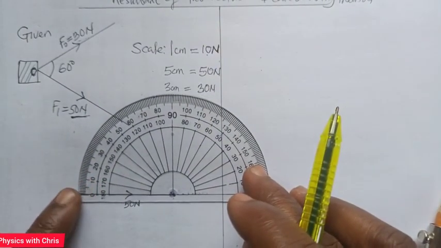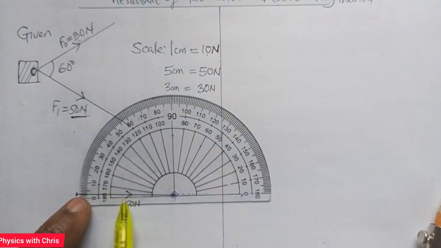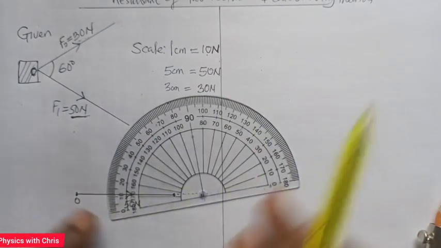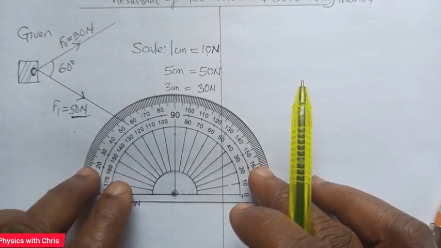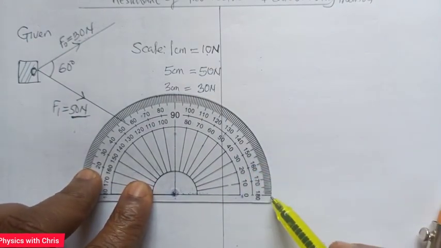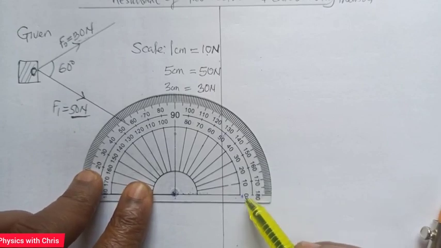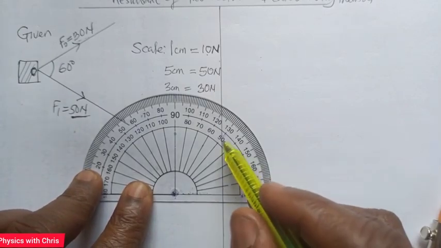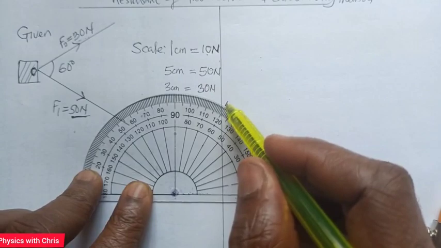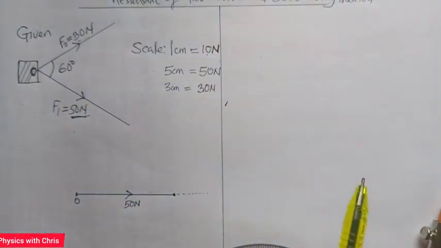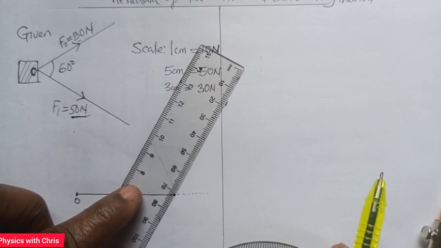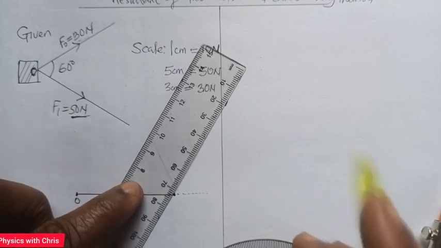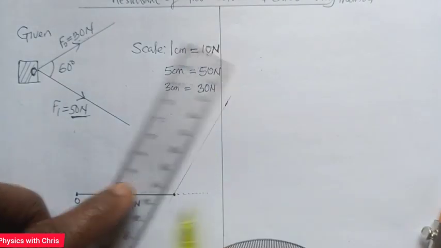Make sure this horizontal line aligns with the vector F1, and then mark your 60 degrees starting from this end here: 0, 10, 20, 30, 40, 50, 60. This is my 60. I'm going to join it to this. I can use a pencil first and draw a thin construction line.